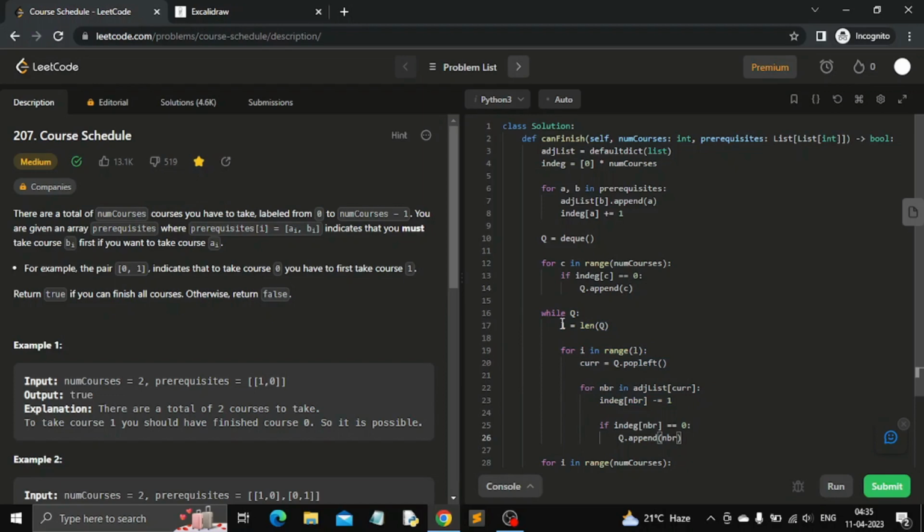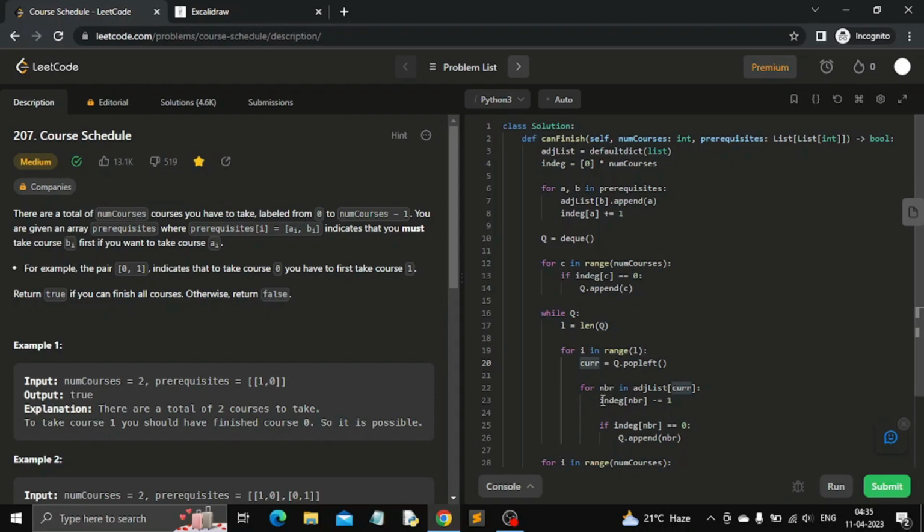In each turn we will determine the length of the queue, and that many times we will pop courses out from our queue. For each course we will iterate through the neighbors of that course with the help of our adjacency list, and then we are going to reduce the in degree of the neighbor because we are done with the current course, so the in degree of its neighbor should be reduced by 1.